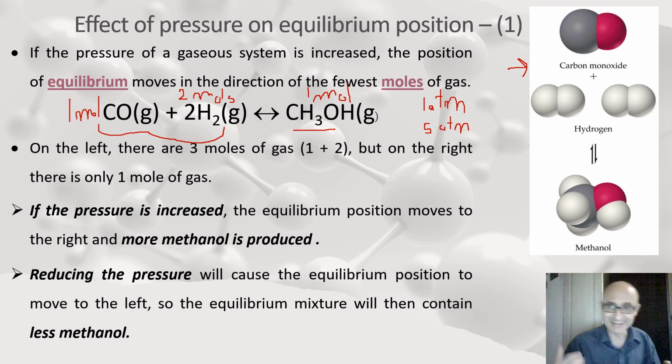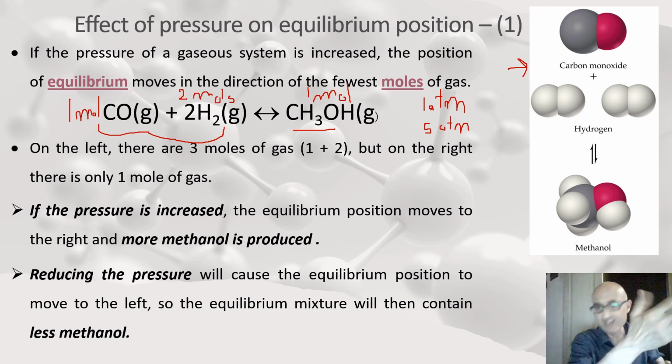So an industrial chemist could, in other words, trick the equilibrium to shift forward and produce more of the product that he or she wants by increasing the pressure. And this is what industrial chemists do. They find out those conditions of temperature and pressure that best favor the production of the material that they want to sell, that they want to produce.